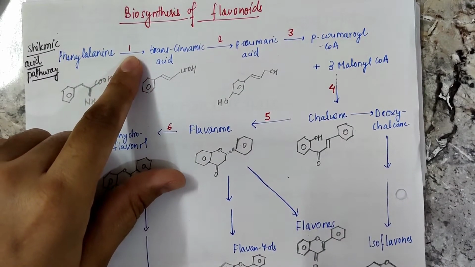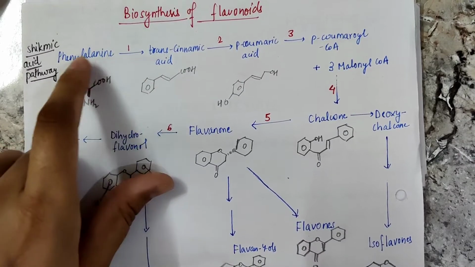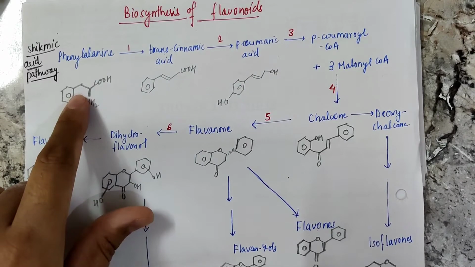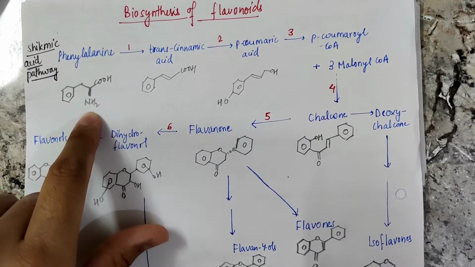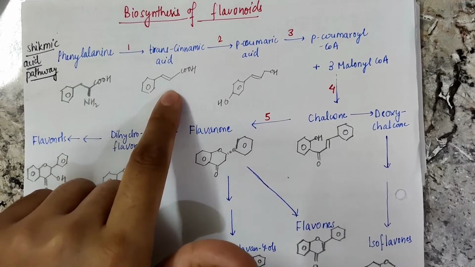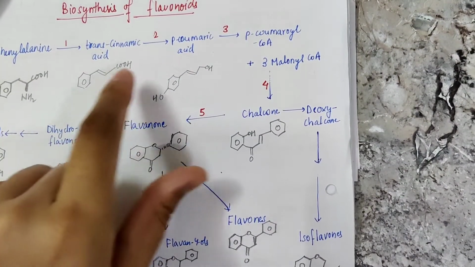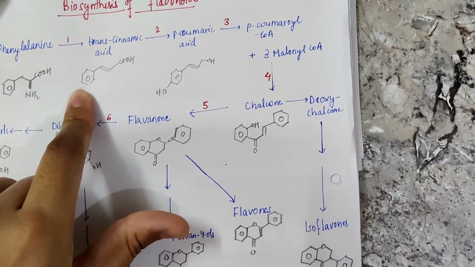So phenylalanine ammonia lyase will convert phenylalanine to trans-cinnamic acid. So what is basically happening here, one ammonia molecule is being released, and it is converted into the trans-cinnamic acid.